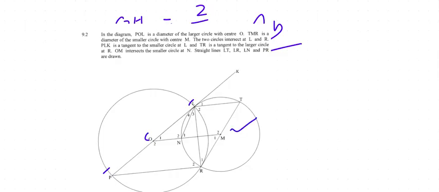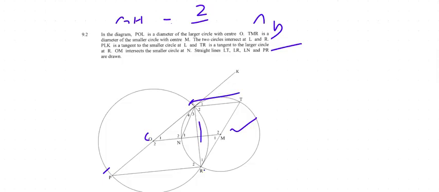PLK is the tangent to the smaller circle at L, and TR is the tangent to the larger circle at R. OM intersects the smaller circle at N, and straight lines LT, LR, LN and PR are drawn.